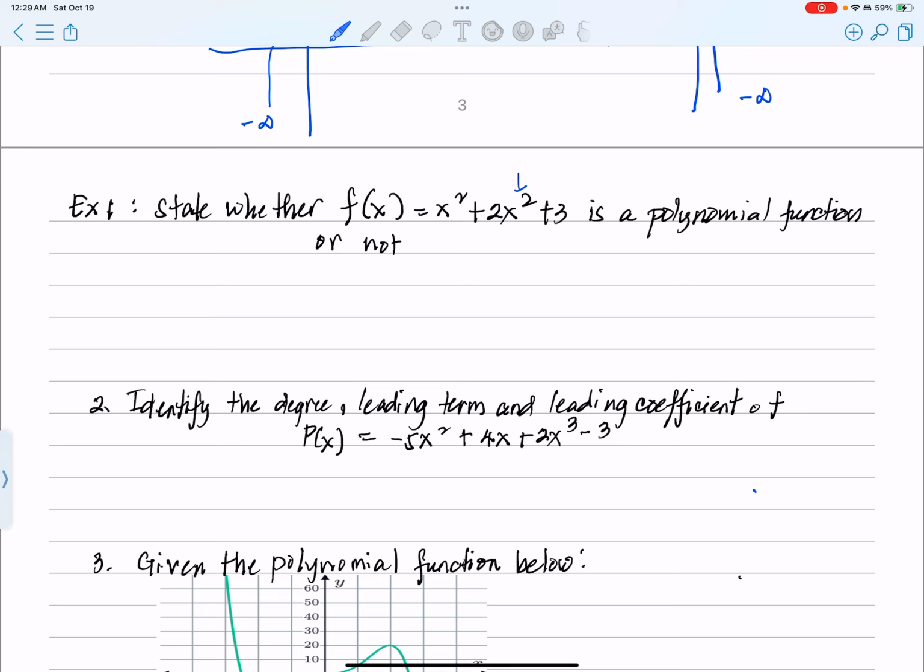To know whether a function is a polynomial, we have to check whether all variables are raised to a non-negative integer. That means the exponent should not be negative.